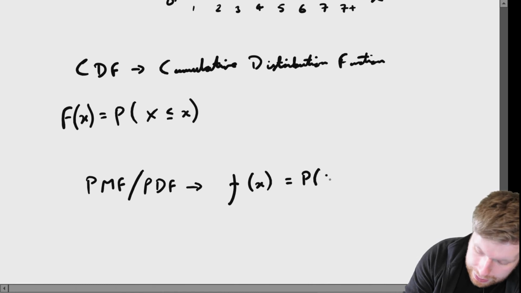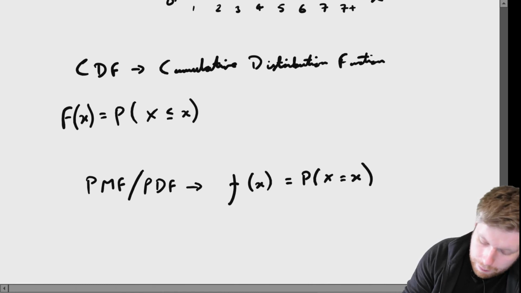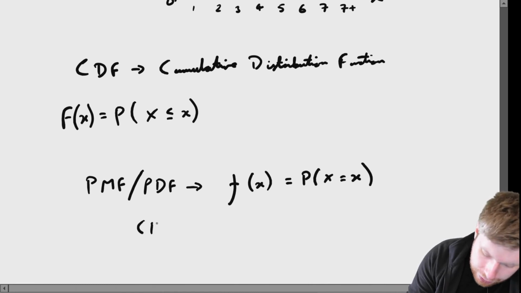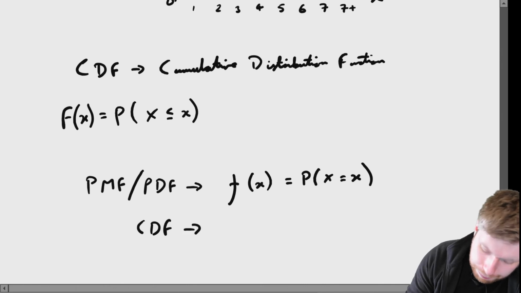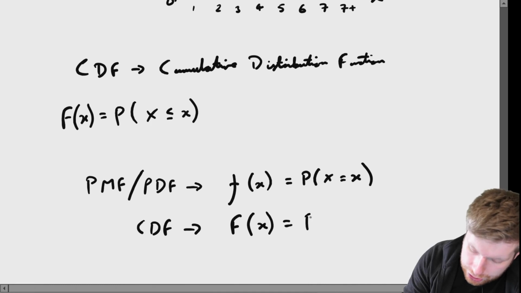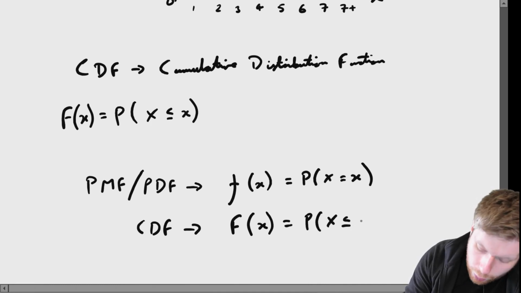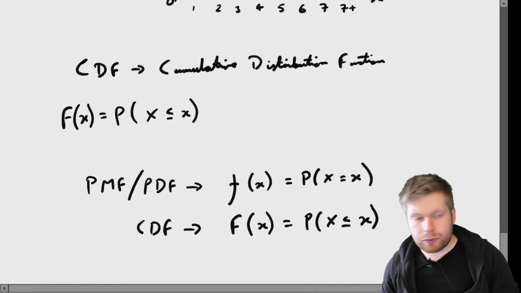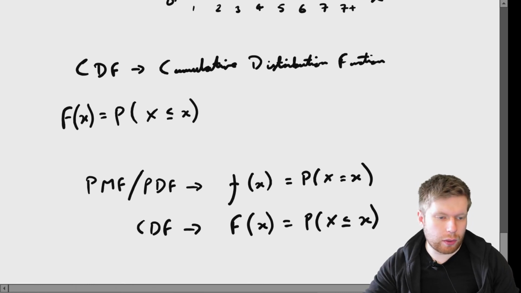So that's simply the probability that x is equal to one particular outcome. Whereas for the CDF, the cumulative distribution function, we give it the capital letter F, and it's simply the probability that x is less than or equal to every value up to that point. Every value up to that point.